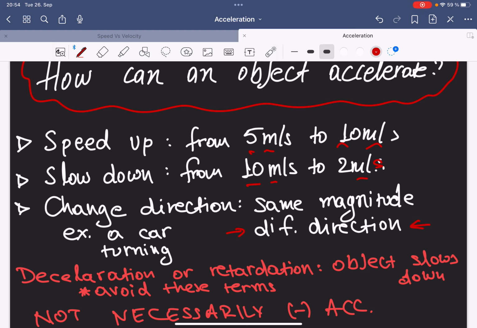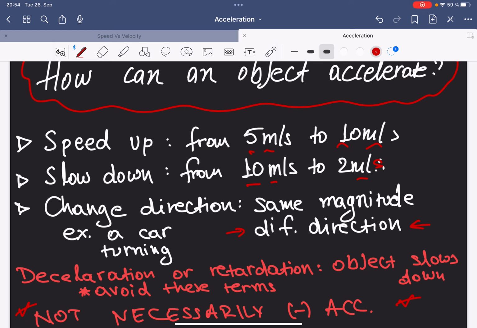So deceleration and retardation, students say automatically, oh, it's negative acceleration, so the object slows down, but it's not necessarily the case. So I want you to keep in mind that the object slows down. That's what the exercise wants you to know, and not necessarily assume that the acceleration is negative. Why that is the case, we will see in the next video.